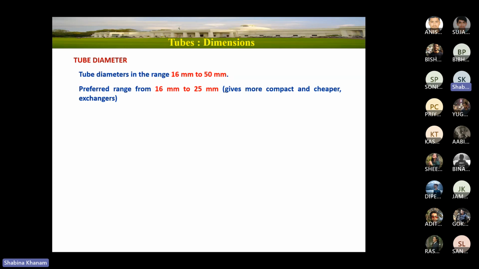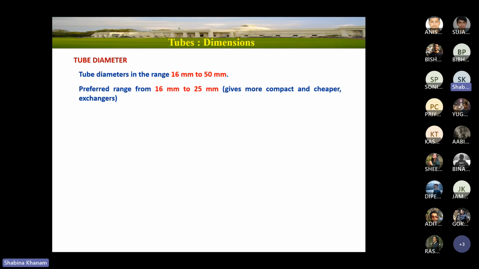So all these velocity ranges, because velocity in tube side or shell side gives you the Reynolds number, and Reynolds number is directly related with the Nusselt number. You know already Nusselt number is a function of Reynolds number and Prandtl number, and Nusselt number will give the film heat transfer coefficient, and that film heat transfer coefficient will give the overall heat transfer coefficient, the U value.